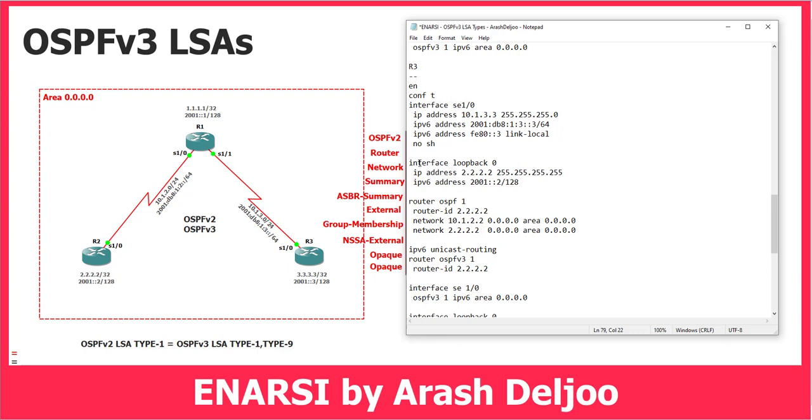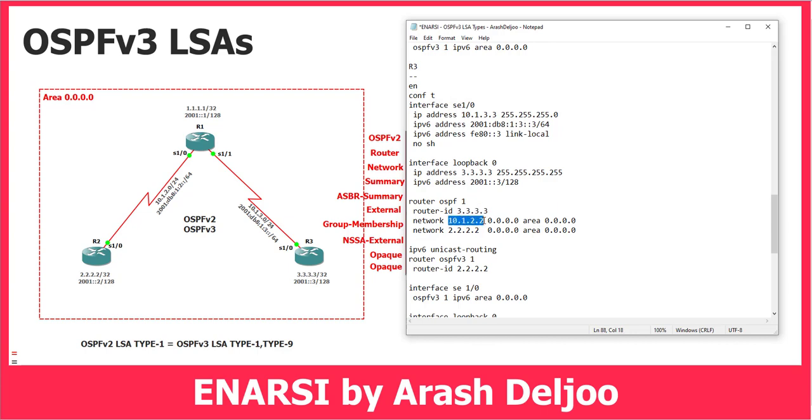And after that, interface loopback 0, IP address is quad 3, quad 3, quad 255, IPv6 address 2001::3/128, okay.